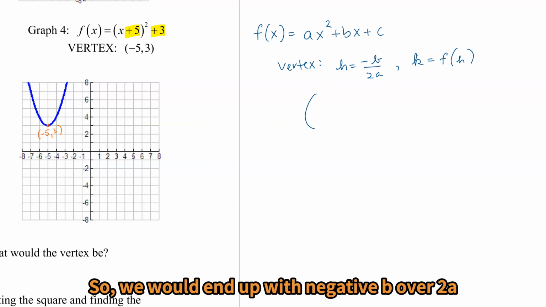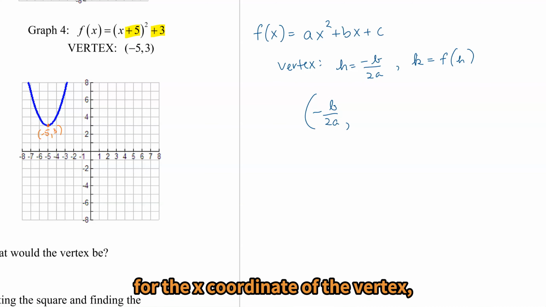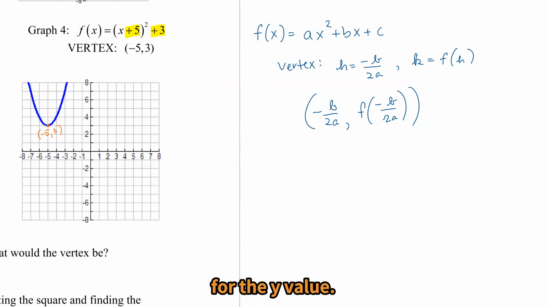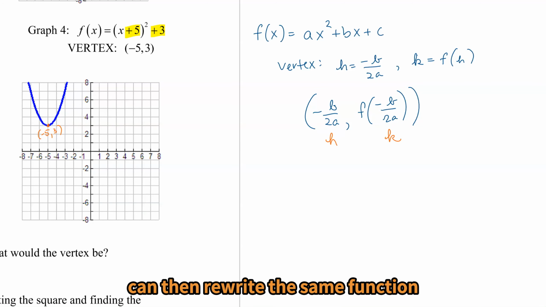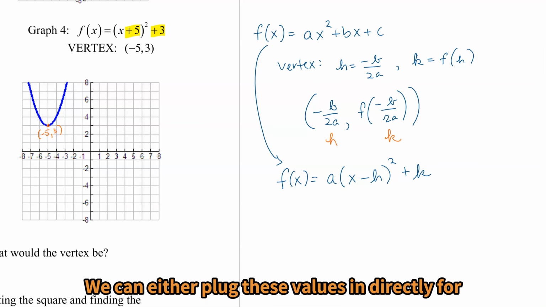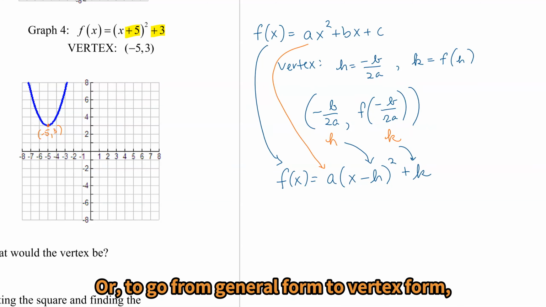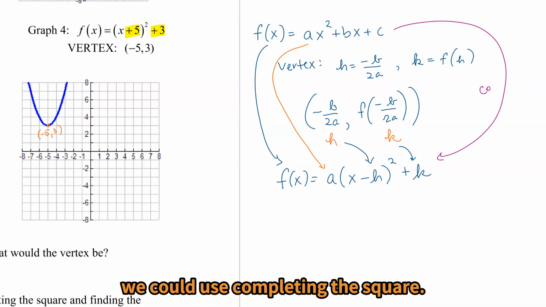So we would end up with -b over 2a for the x-coordinate of the vertex, and then our function value at -b over 2a for the y value. Knowing these values, we can then rewrite this same function in vertex form. We can either plug these values in directly for h and k, keeping the same a that's above, or to go from general form to vertex form, we could use completing the square.